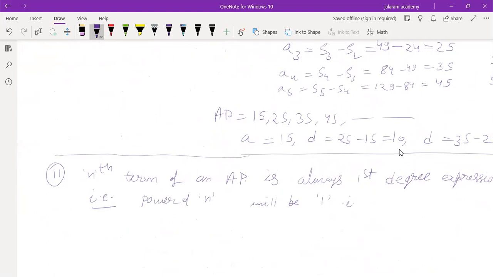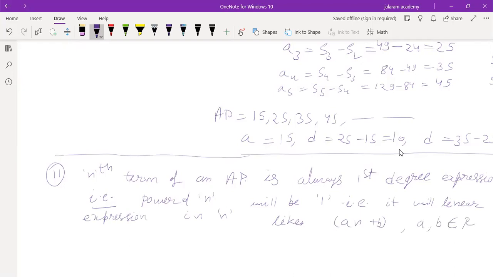That is, we also call an expression which has power of 1 a linear expression, like an plus b, for a, b belonging to real numbers.